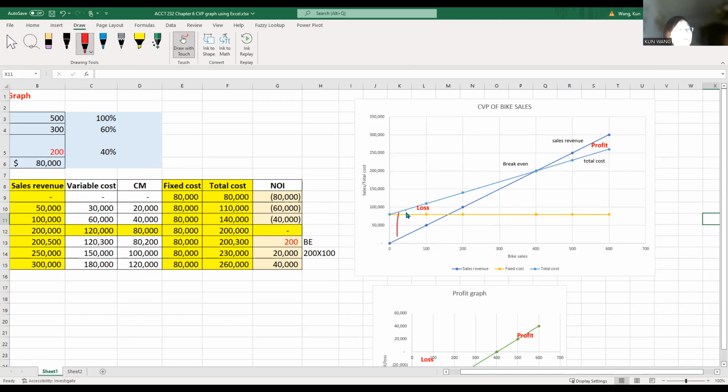Initially we have a large loss, and it turns narrower and narrower, because the region, like this triangle, between the total cost and the revenue is your loss zone. But the loss is getting squeezed as we approach the break-even point. So as we reach the break-even, 400, the lines cross each other, sales revenue and the total cost. So that's why it's break-even.